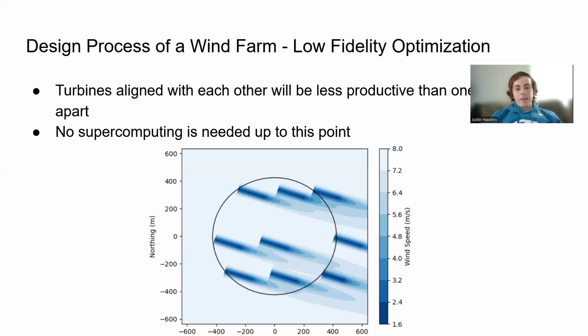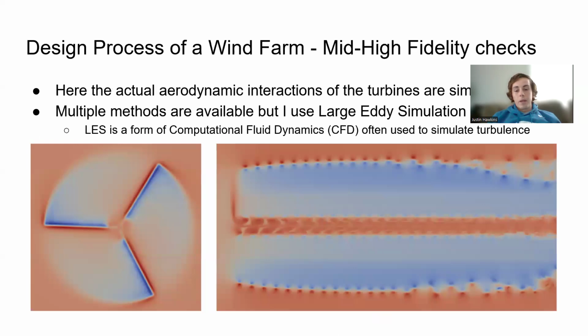But after this low fidelity optimization is complete, we move on to a mid and high fidelity simulation of that wind farm, because sometimes you miss things with the low fidelity. So after that, we move on to a computational fluid dynamics simulator, and in this case, I use a subset of computational fluid dynamics called large eddy simulation.